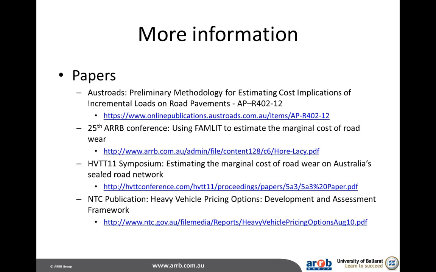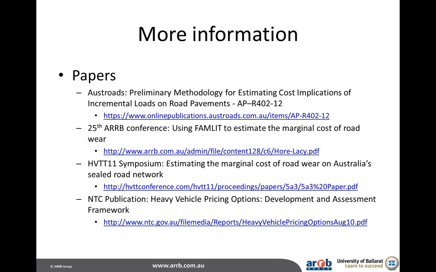As I mentioned earlier, there is a huge lot within FAMLIT, far too much to cover in a half-hour, 40-minute presentation. So here are some places you can go to get some more information on it. The first one is an Austroads paper, and it is where the first case study came from as well, and it talks in depth about all the models within FAMLIT and how it was set up.